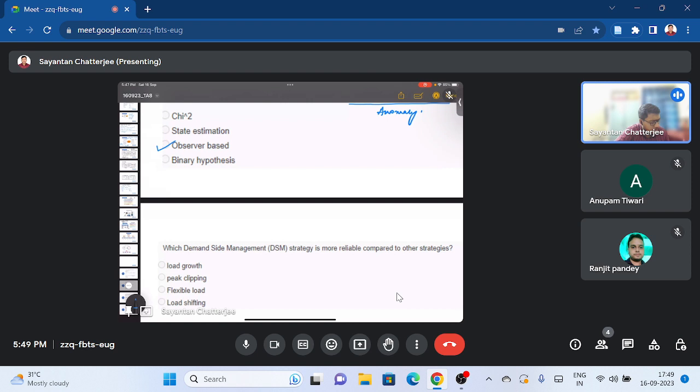Which demand side management (DSM) strategy is more reliable compared to the other strategies? Load growth, peak clipping, flexible load, load shifting. Peak clipping is one of the demand side strategies, but not the more reliable one, because we are just clipping the peak load point.